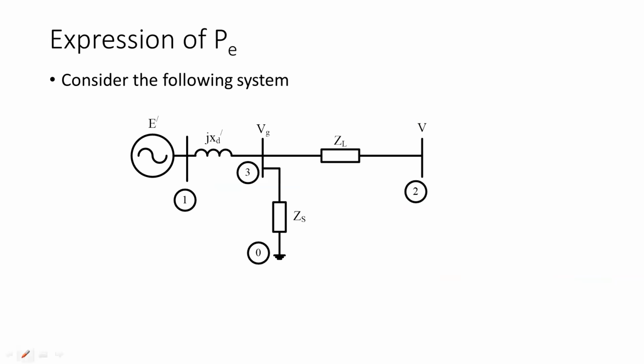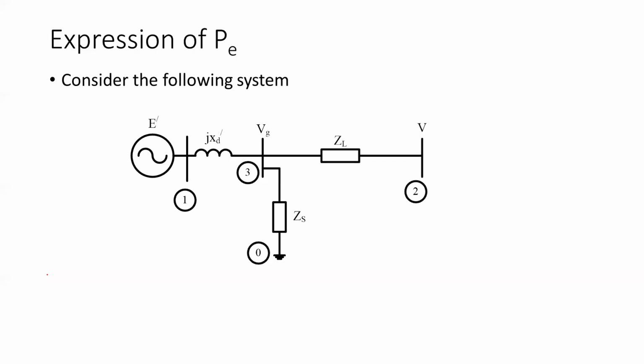So we consider the following circuit that we have. We have a generator represented as E dash. If you recall the first SMIB that you saw, it is the same thing. From there we know that E dash is the internal EMF of the generator, and jXd dash is the internal direct axis reactance of your generator.